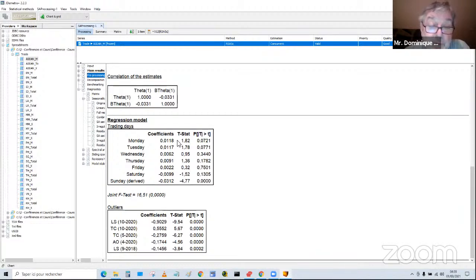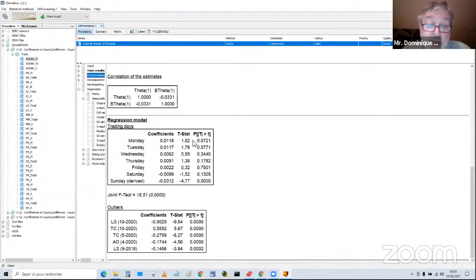If we have a look at each T-stat, I remind you that to check the significance of a regressor, for example, the Monday, you are going to compute what we call a Student statistic.